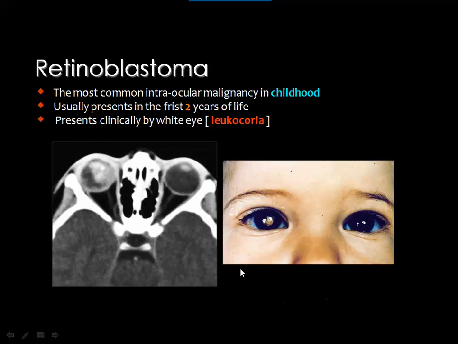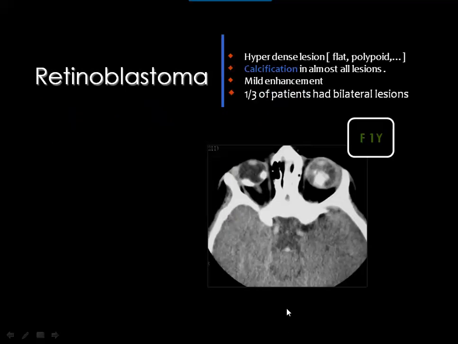Then if you see a mass inside the globe in a child, then you think of a retinoblastoma. Then this retinoblastoma is relatively a hyperdense lesion. It shows calcium in most of the cases, and if you inject the contrast media, you can see some enhancement.